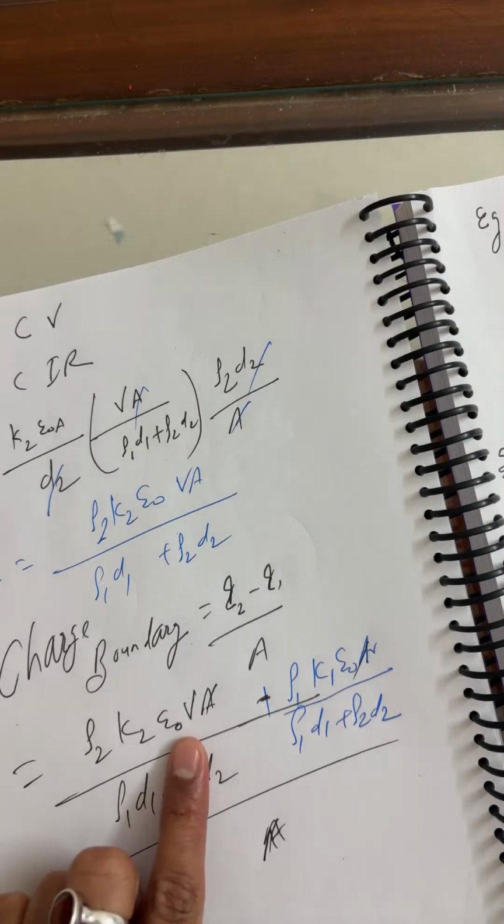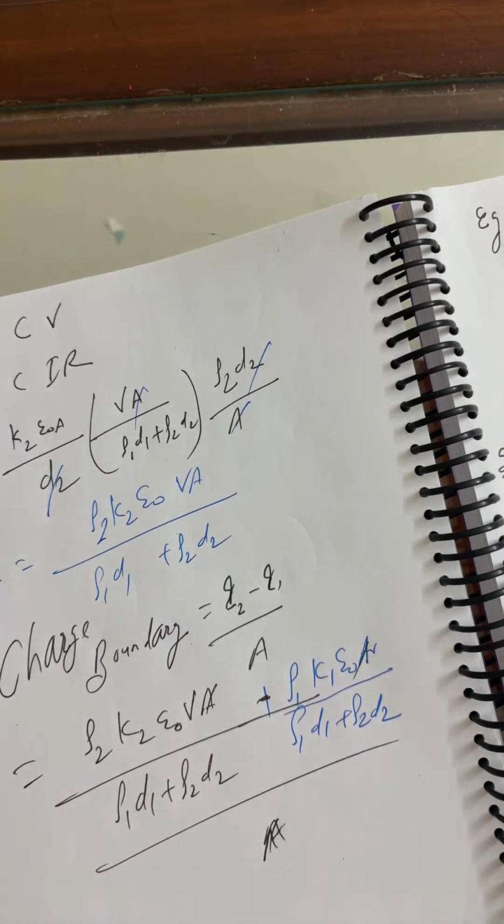Again here you can just take beta, epsilon into V common. Finally beta Q1 minus Q2 upon A. So let us just further solve here.